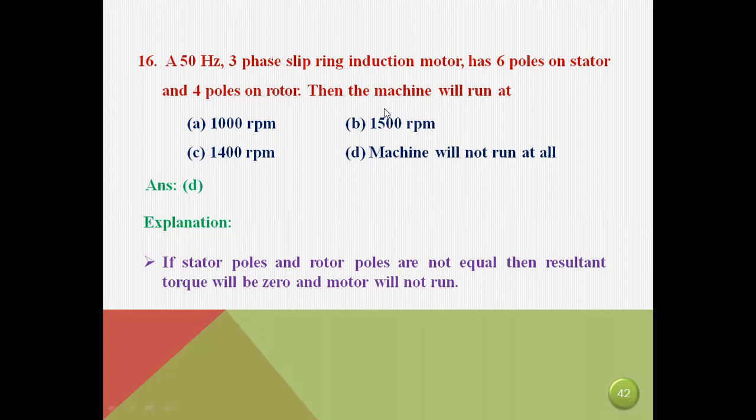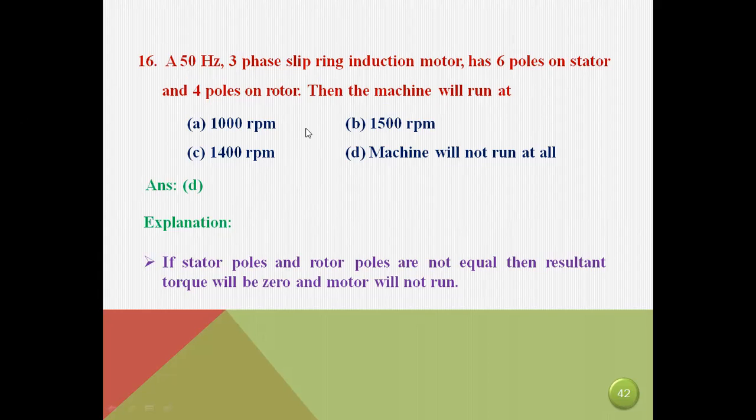You guys will get confused, because if they are giving 4 poles here, how will you calculate? You can directly calculate Ns equal to 120 f upon P, 120 into 50 upon 4. If you solve, you will get 1500. And if you solve 120 into 50 upon 6, you will get another answer.